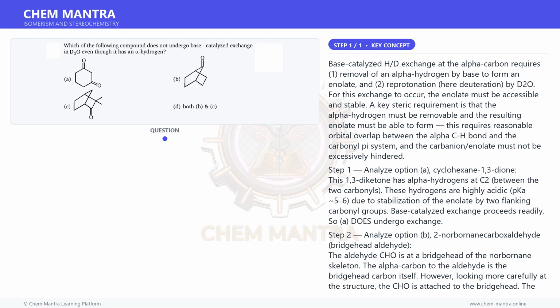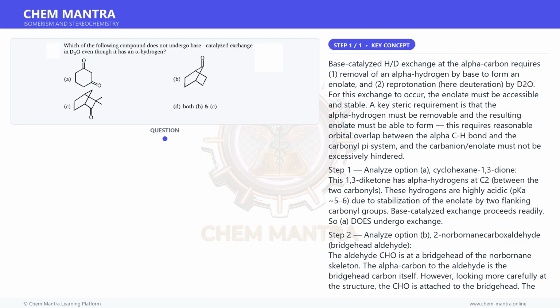Camphor is a classic example in textbooks of a compound with alpha hydrogens that does not undergo base-catalyzed exchange in D2O due to steric inaccessibility. The face is blocked by the gem-dimethyl bridge, and overall the rigid bicyclic framework with bulky methyls prevents the reaction. This is a well-known fact used in total synthesis. Camphor-derived auxiliaries are stable under basic conditions.